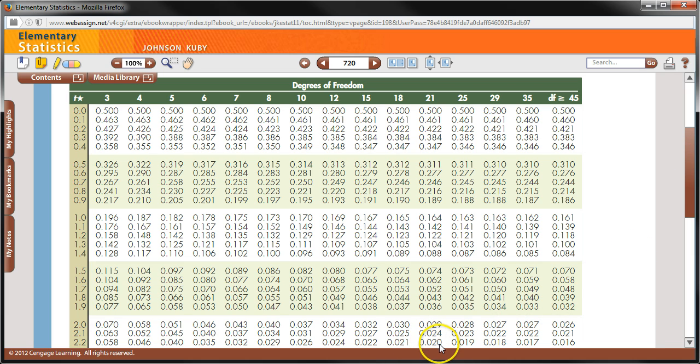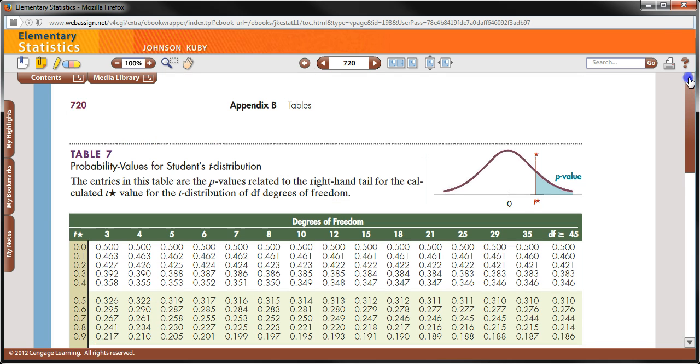So if we go over here, we get 0.020. Do you see here? Degree of freedom is 21, that column, and then 2.17 is approximately 2.2. So right here, 0.020, that is your p-value according to our table. And 0.020 is less than 0.05, the alpha value. Therefore, alternative wins, and we reject the null hypothesis.